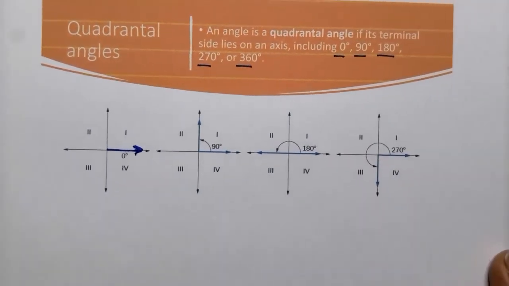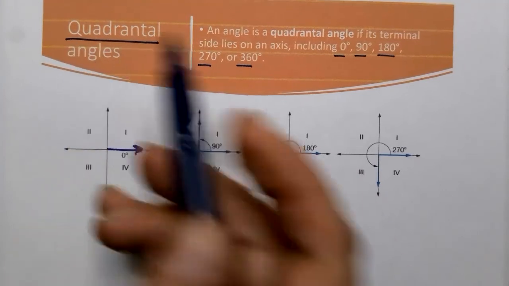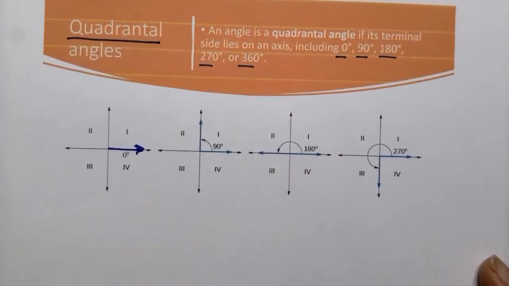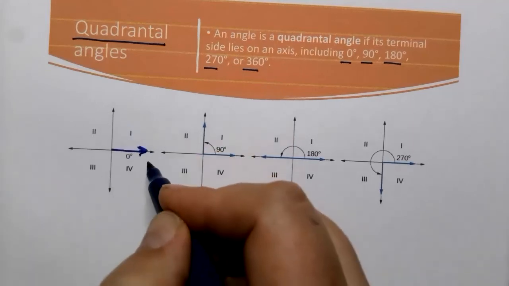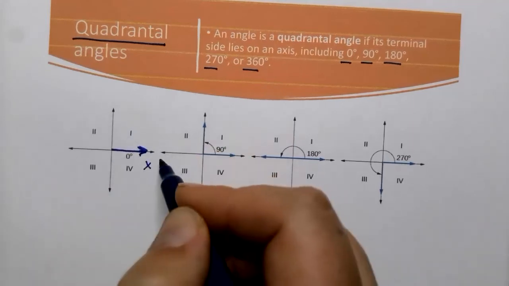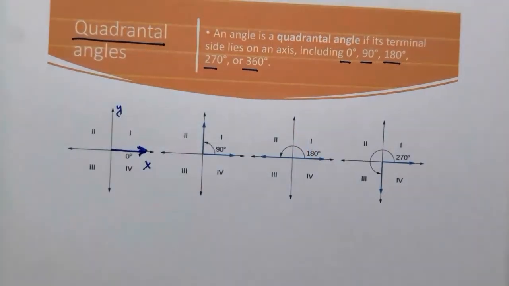Now, at this point, I would like to mention the quadrants. That's where the word quadrantal comes from. The two axes, one is the x-axis, a horizontal one, and one is called the y-axis, that's the vertical one.